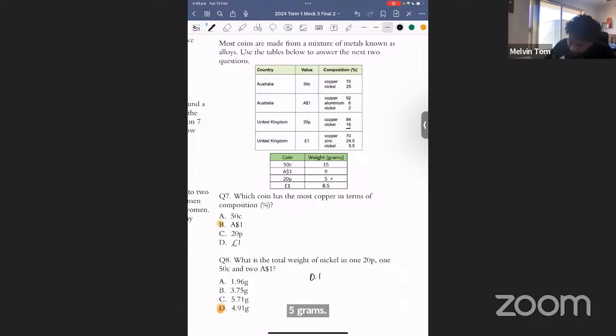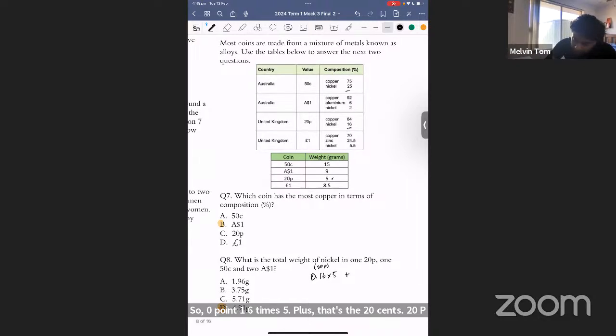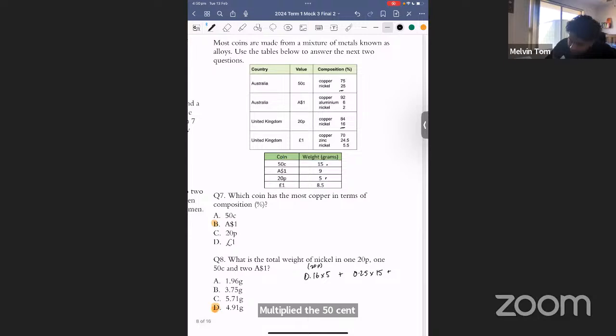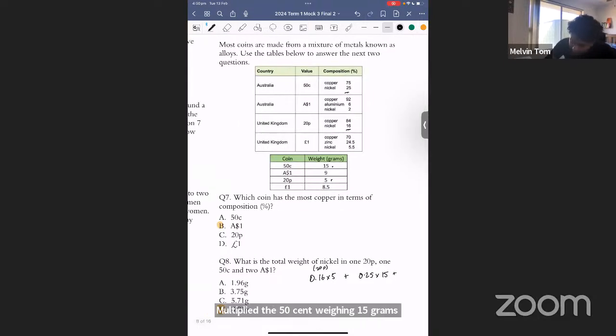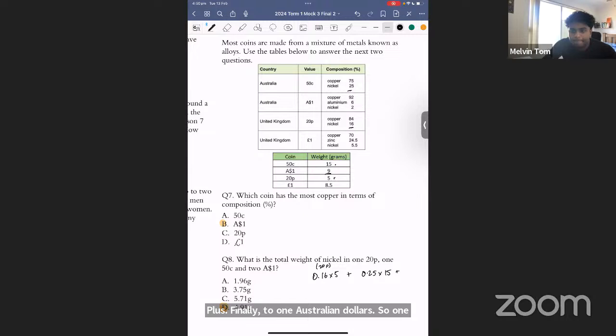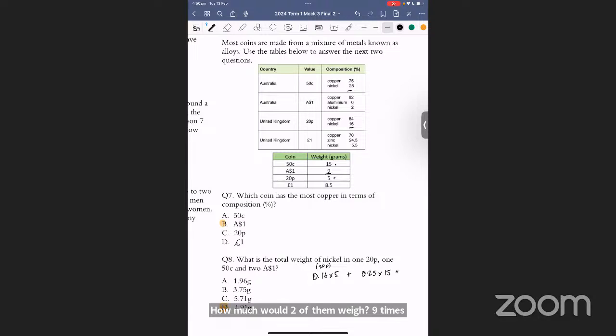So 0.16 times 5, plus 50 cent is 0.25 multiplied by 50 cent weighing 15 grams, plus finally 1 Australian dollar weighs 9 grams. So 2 of them would weigh 9 times 2, 18.